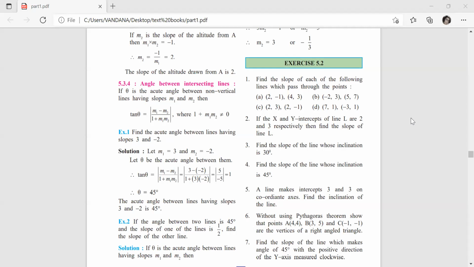Find the slope of each of the following lines which pass through the points. 2 points are given, we have to find the slope of the line. Let us take the first one.